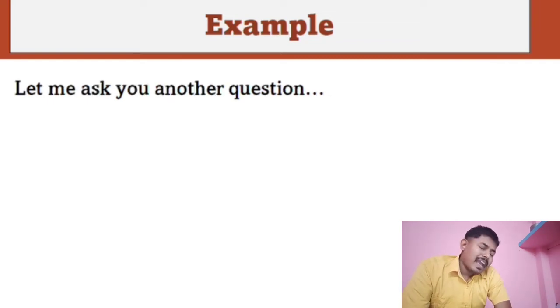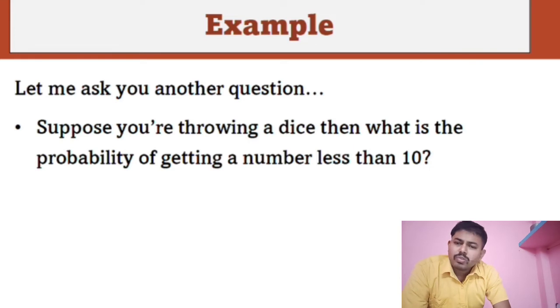So let me ask you another question. Suppose you are throwing a dice, then what is the probability of getting a number less than 10? There are 1, 2, 3, 4, 5, 6 on a dice, and all the numbers are less than 10.